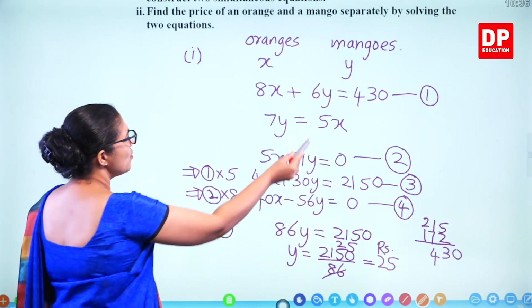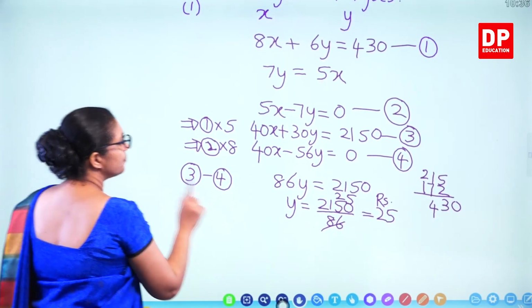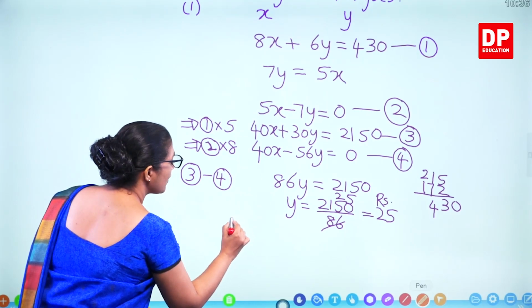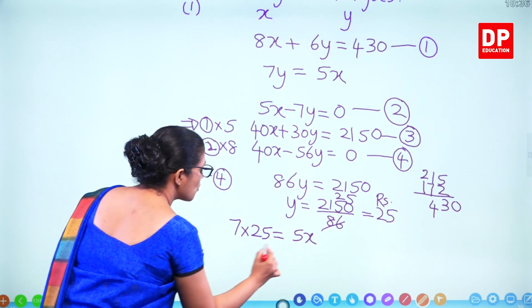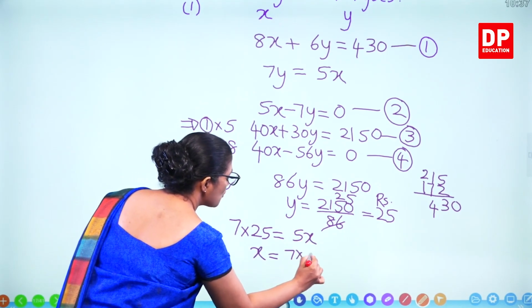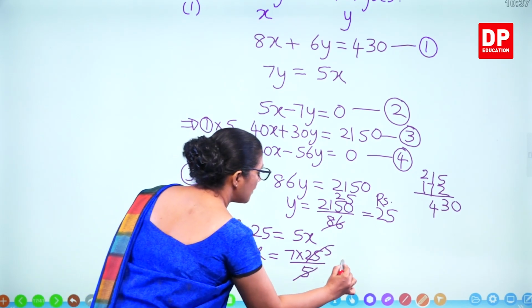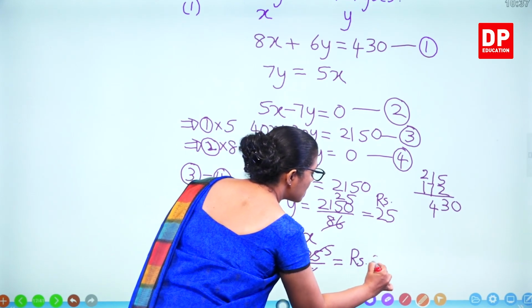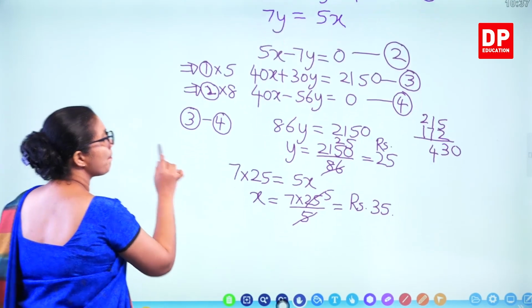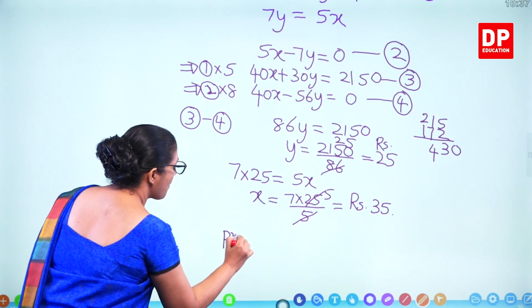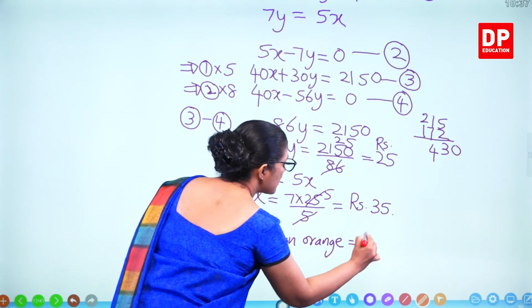Now you can use this equation to solve for x. Now use substitution. 7y, 7 times 25, is 5x. So what is x? 7 times 25 divided by 5. 5 times 5. Here 7 times 5, 35 rupees. So that means the price of an orange is 35 rupees.